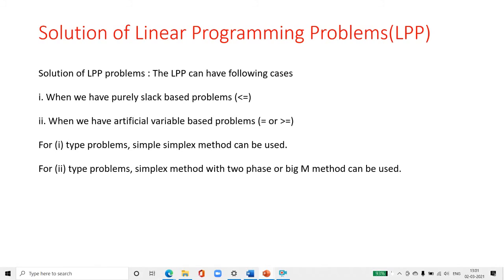For the first type of problem, the simple simplex method can be used, and for the second type, the simplex method with two phase or the big M method can be used. In the next part we discuss the big M method also: the graphical method, the simplex method and the big M method.